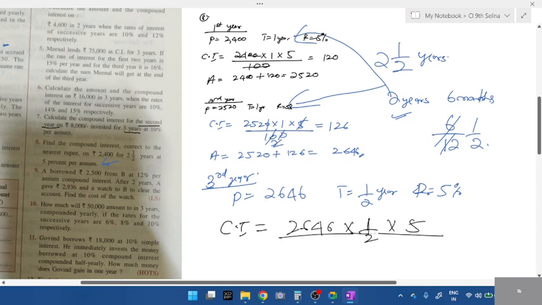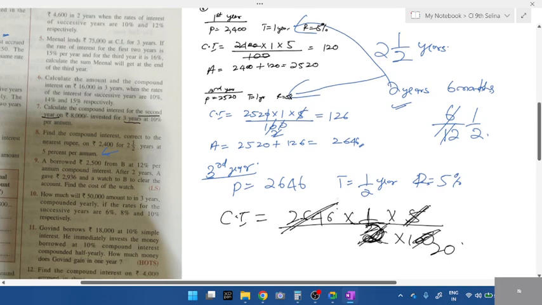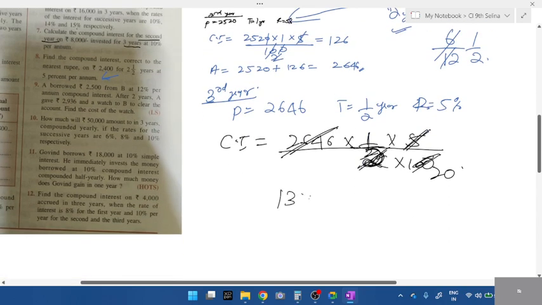See, half is already given, students. So 2 goes to the denominator. 2 into 100. What's the answer you got? Okay, let me cancel. 5 ones are 5 goes 20 times. 2 ones are 2, 1 3 2 3. This 20 is given.